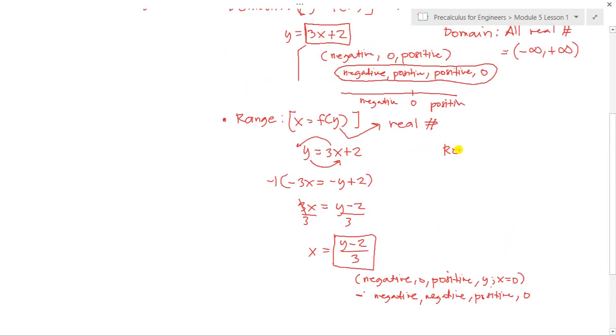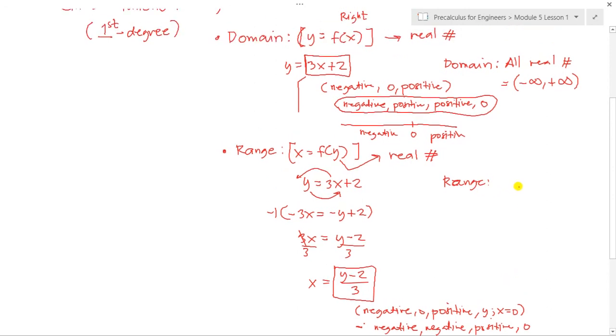For our range, our range here is the set of all, what? So all real numbers again. In interval notation, negative infinity to positive infinity.